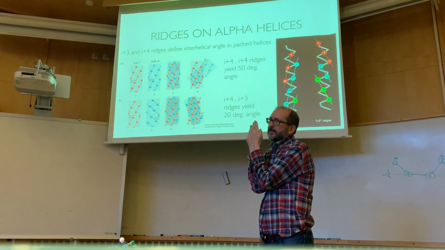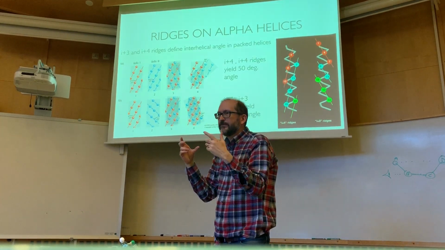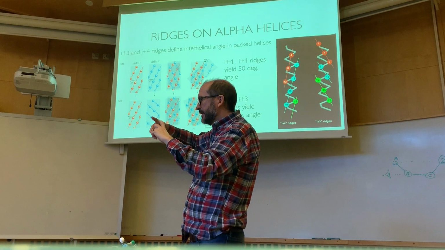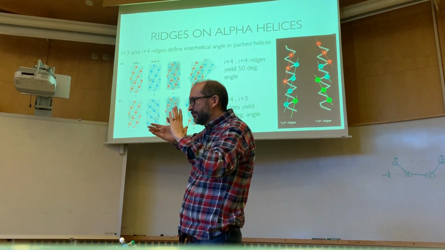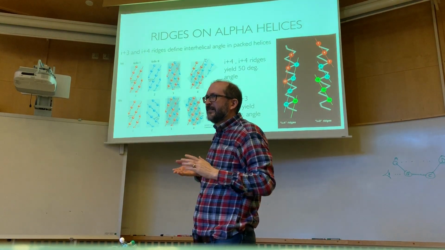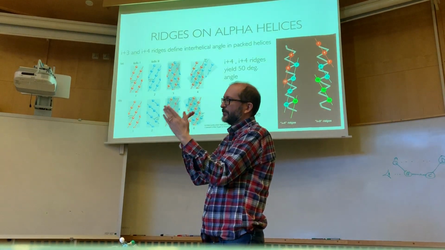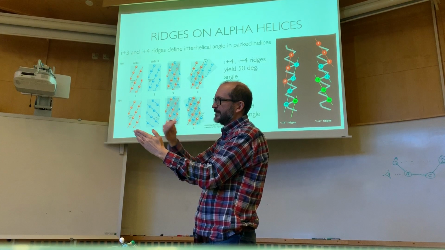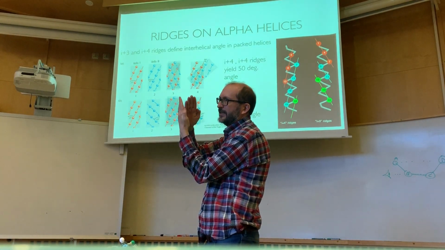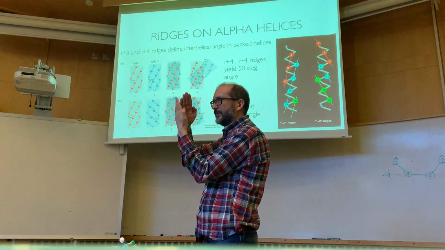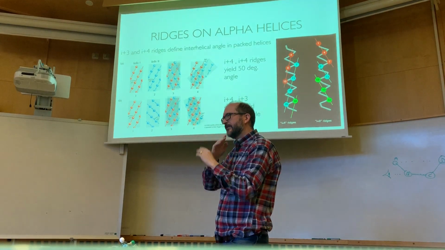But what happens if you take threaded rods, basically screws, and press them together as hard as you can? Do they want to stay like this? No. The threads have crest and trough, and they're going to want to stick into each other like that. So you end up getting a preferred interhelical angle.